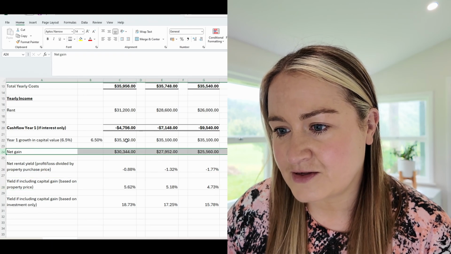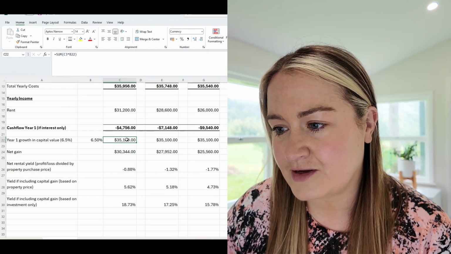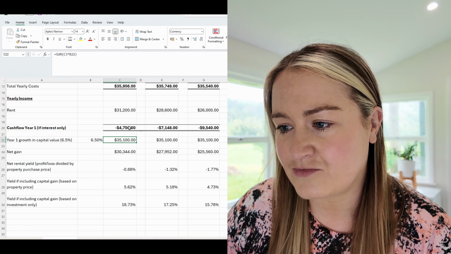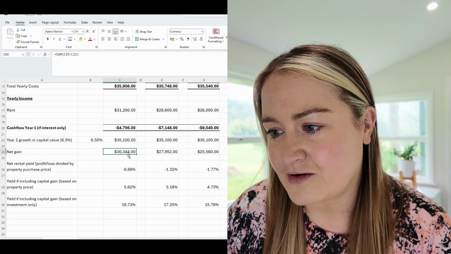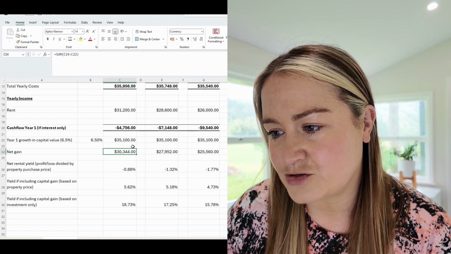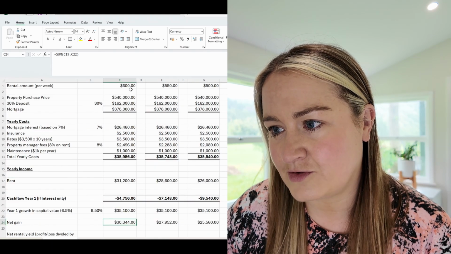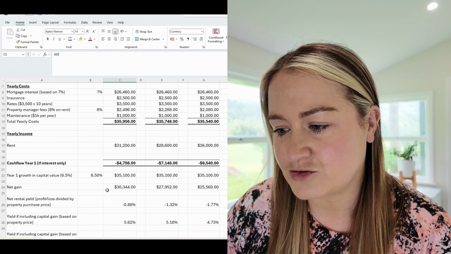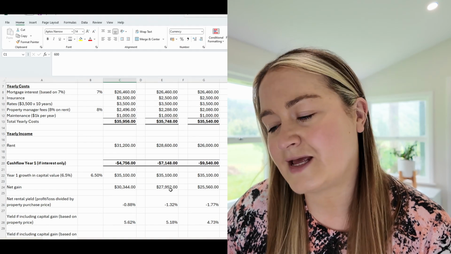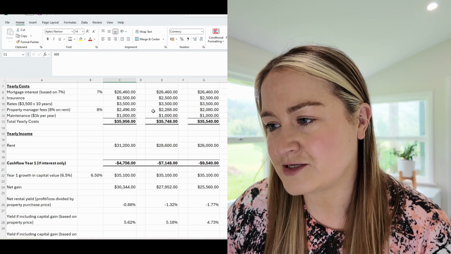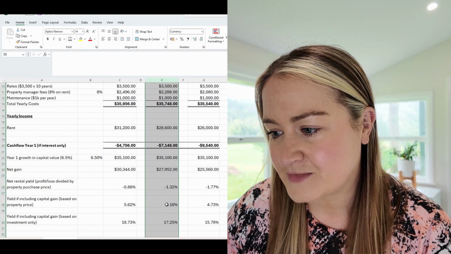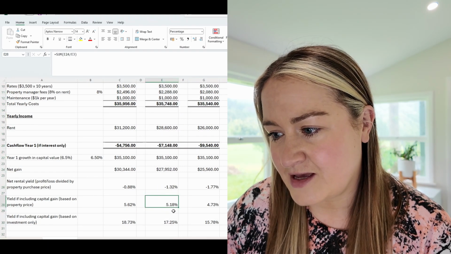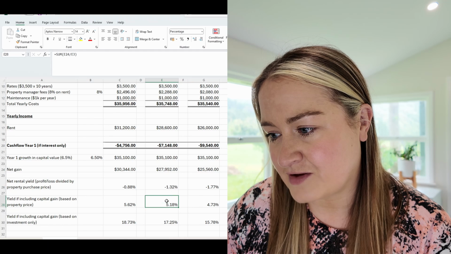I've taken the capital growth in year 1, taken off my cash flow loss, and I'm going to get a net gain of $30,344 based on the rental amount of $600 a week, or just under $28,000 if we charge $550 a week. That's going to give me a yield of just over 5%.